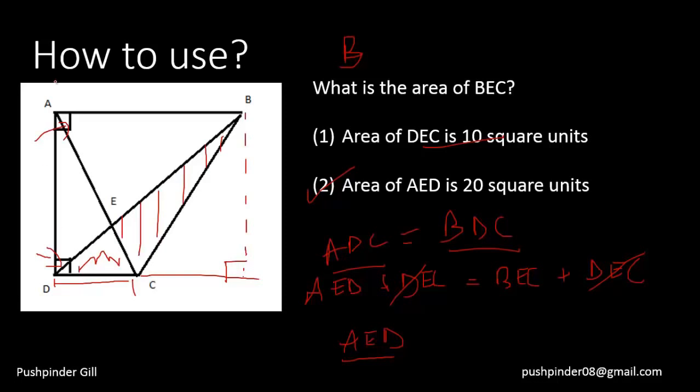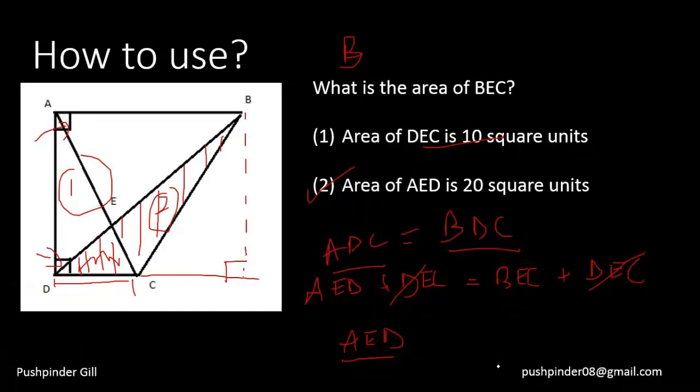Now over here I knew that triangle ADC and triangle BDC have the same area and they both have DEC in common. That means this triangle and this triangle have the same area, and he's asking me the area of this triangle 2, and he's given me the area of the triangle 1, which pretty much gives me the answer. Right? So I suppose you understood it.